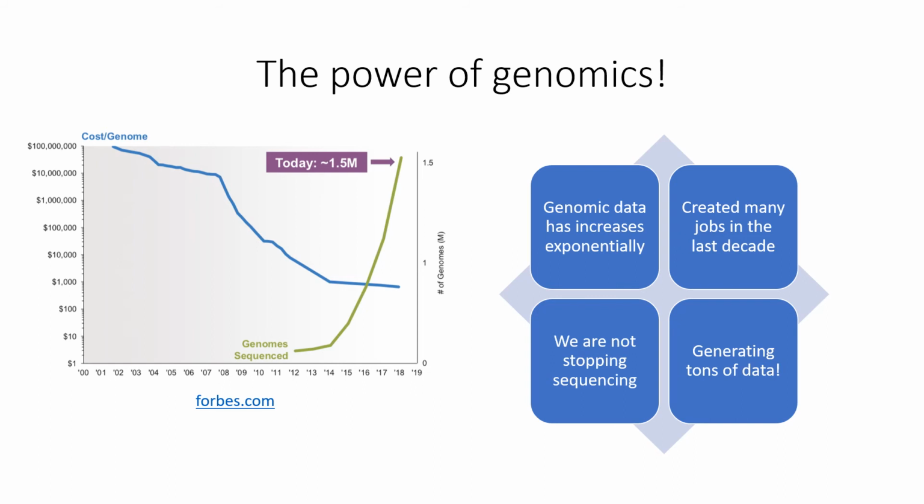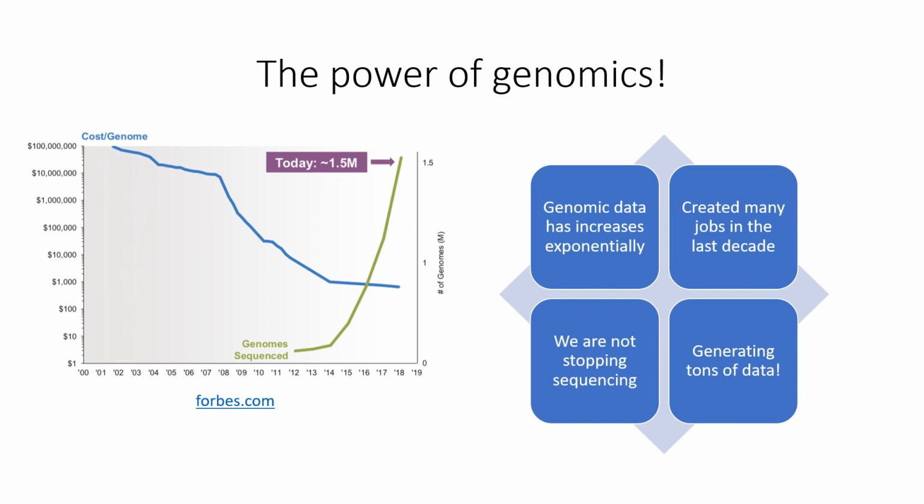Similarly, you can see an exponential growth in the number of genomes sequenced since the Human Genome Project. Because of low cost, there is a high output of genome sequencing results. This is the power of genomics, and you can get an idea from this figure why the field of bioinformatics is important nowadays.